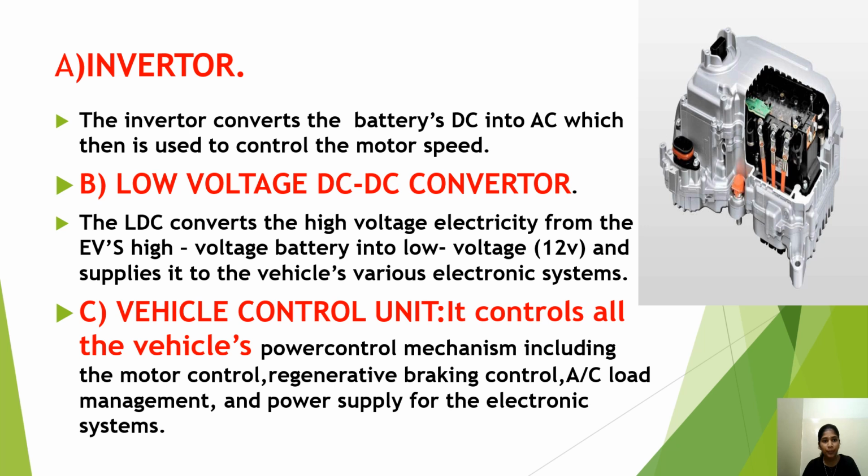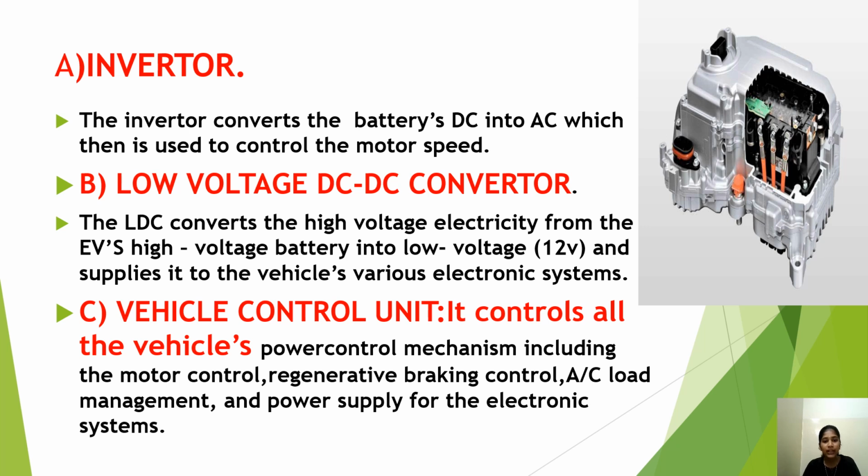These are some subtopics which come under the electric power control unit. First one is the inverter. The inverter converts the battery's DC into AC, which is then used to control the motor speed. Second one is the low voltage DC-DC converter. The LDC converts the high voltage electricity from the EV's high voltage battery into low voltage, minimum 12 volts, and supplies it to the vehicle's various electronic systems.